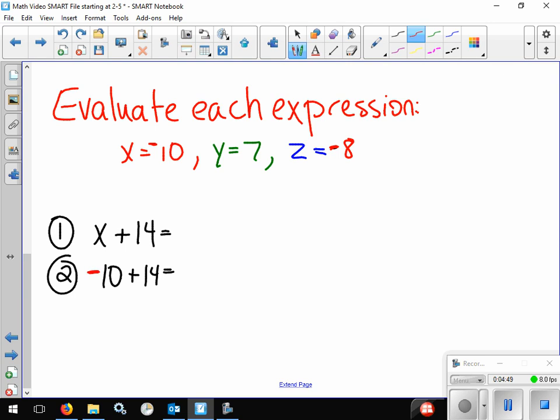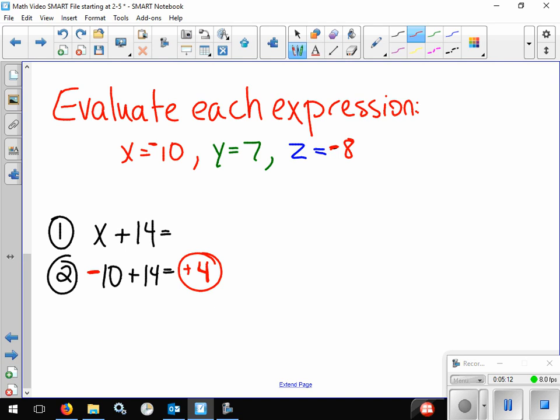So you owe me $10. You come in with 14. So do you have money? Do you still owe me money? Well, you don't owe me anything, but you have a positive $4. You don't have to write the little positive sign, but you can if it helps.